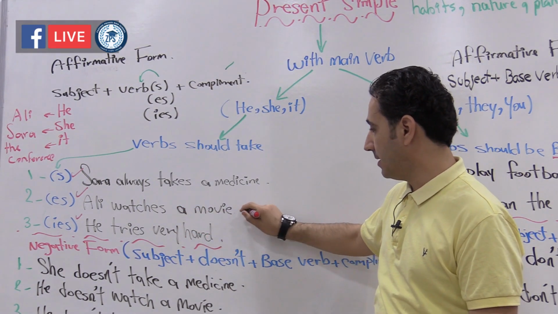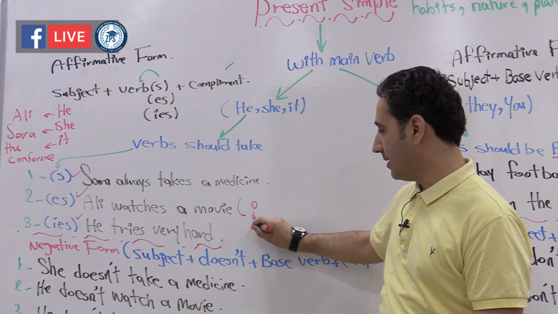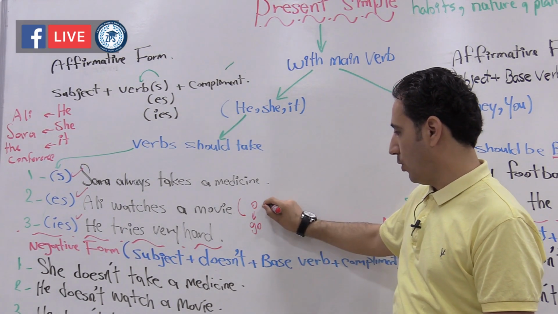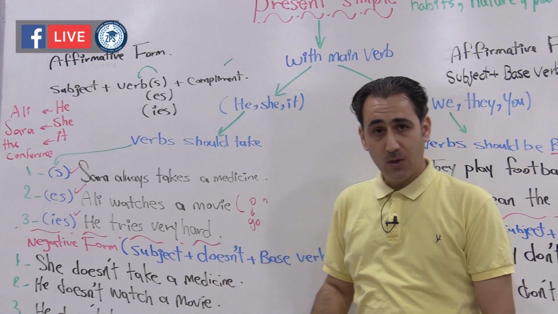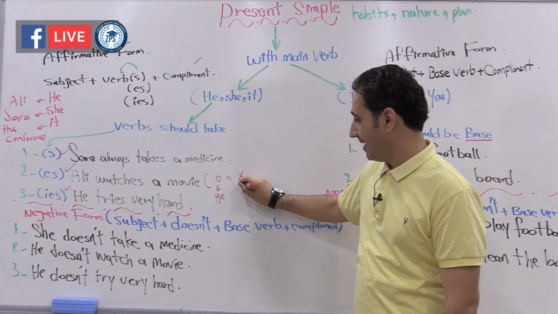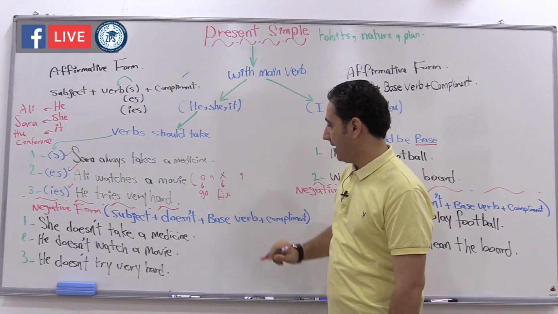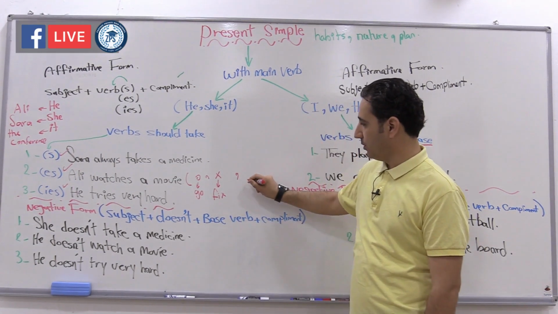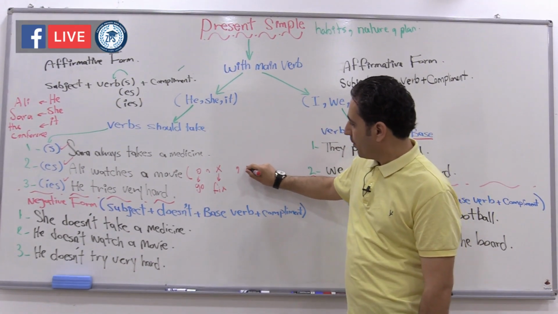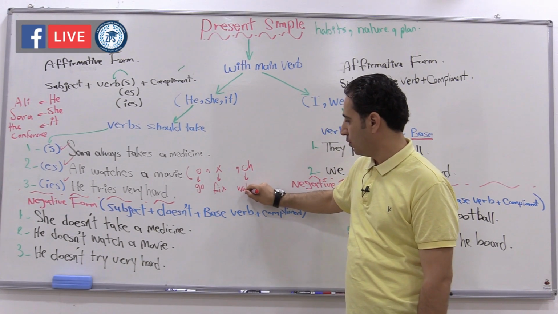Verbs that end with O, like go. Verbs that end with X, like fix. Verbs that end with ch, like watch.